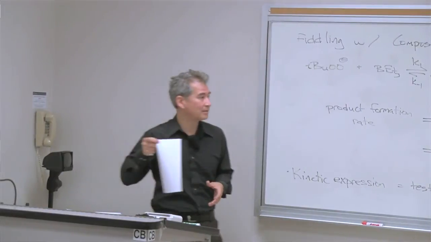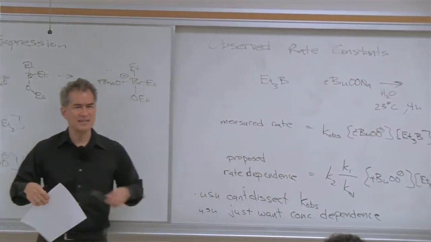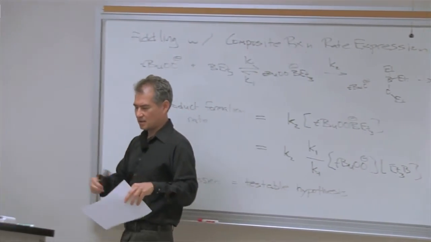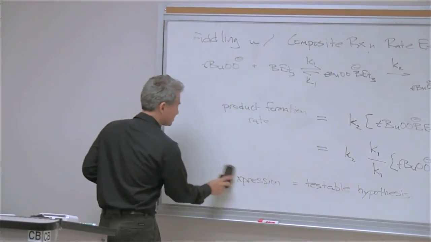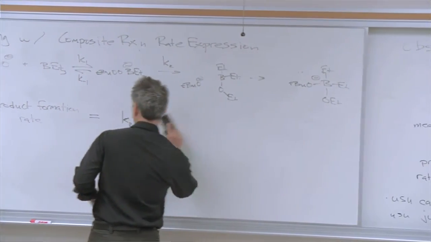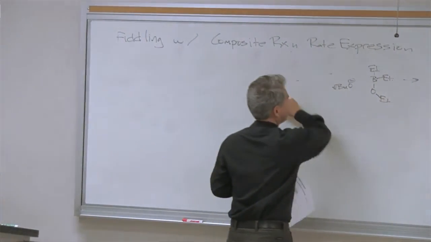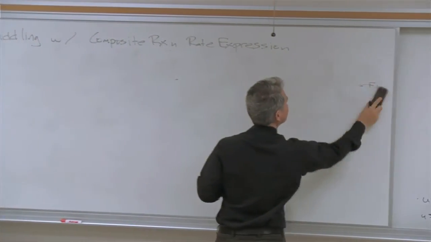That's usually all you care about. And again, it's so easy to get a rough idea just by looking at your TLC plate. Sometimes your NMRs. We'll talk more about kinetic selectivity later. You get all kinds of information about whether your reactions are going faster or slower when you're in the lab.